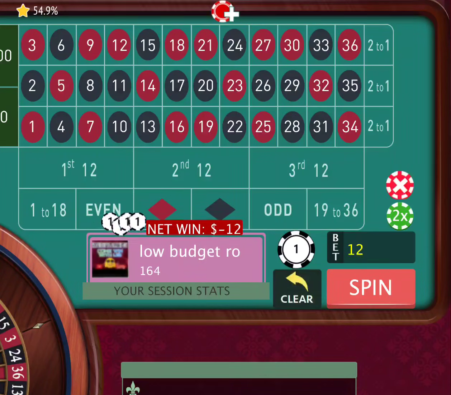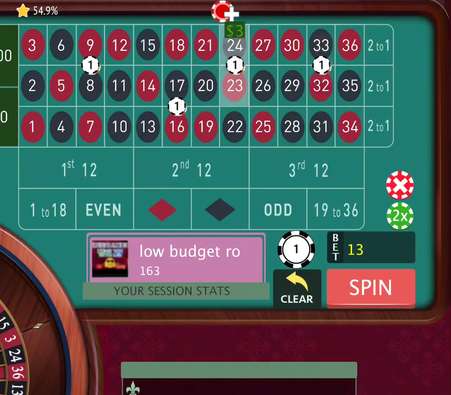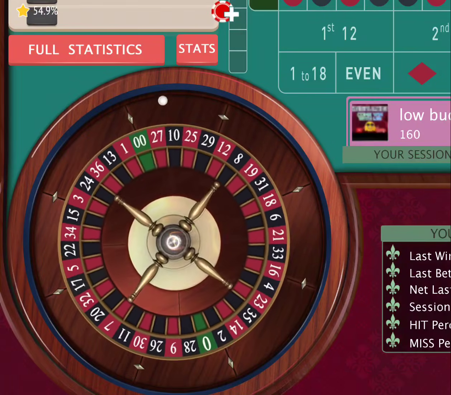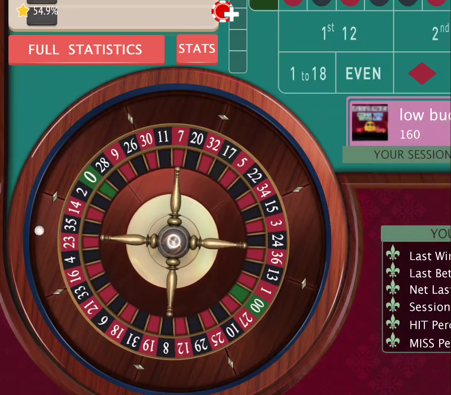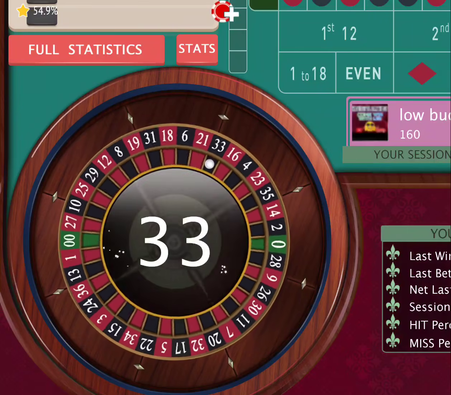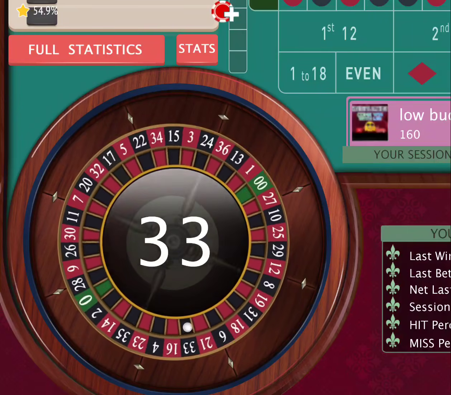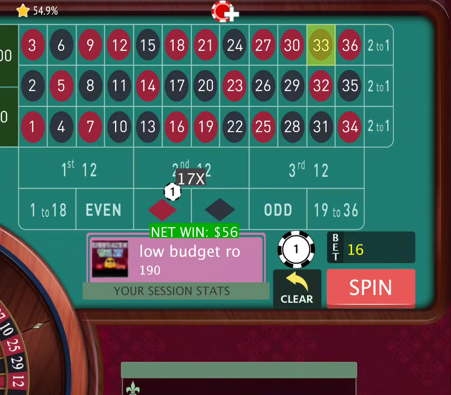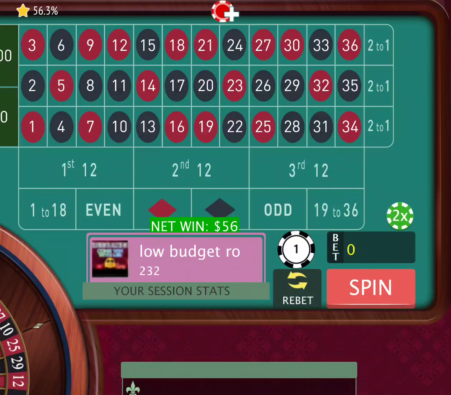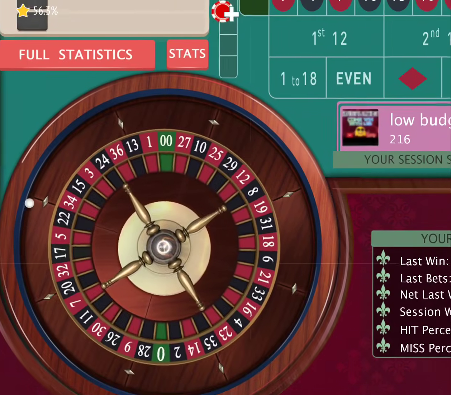Third miss as we ladder the system. Okay, we spin again. 33 comes out, and that is a $56 return. But we're around where we were before, so I'm going to spin again.